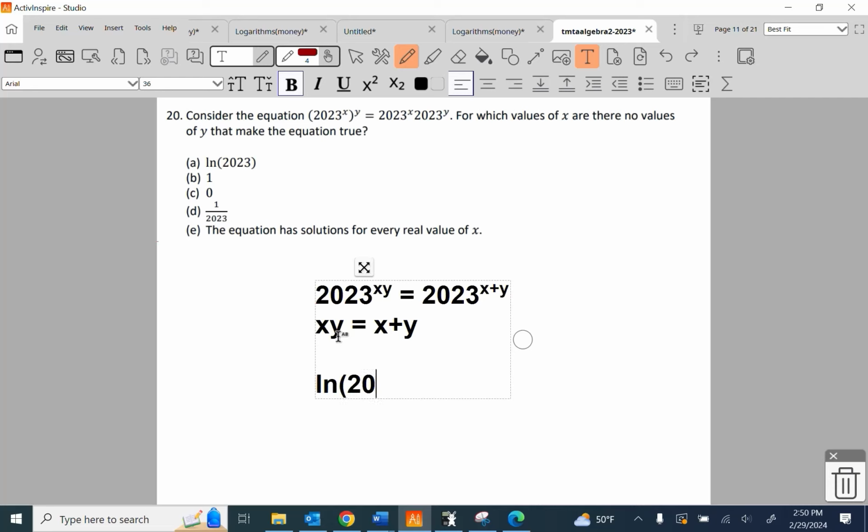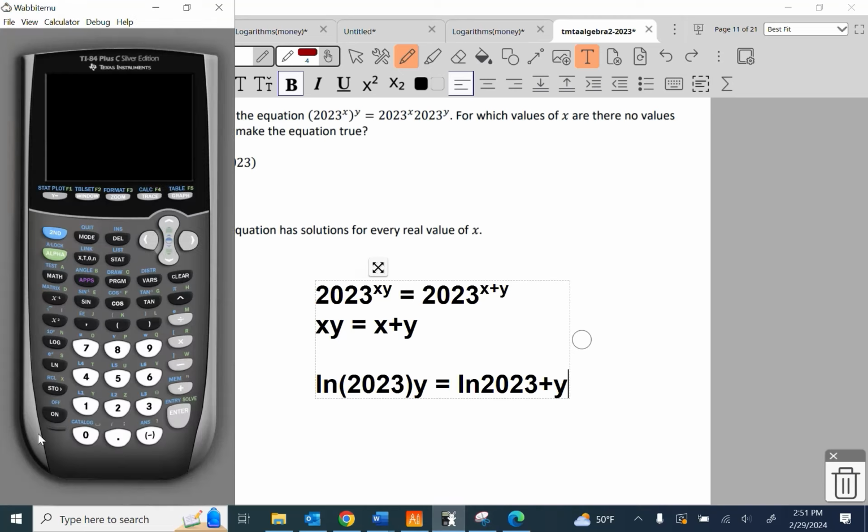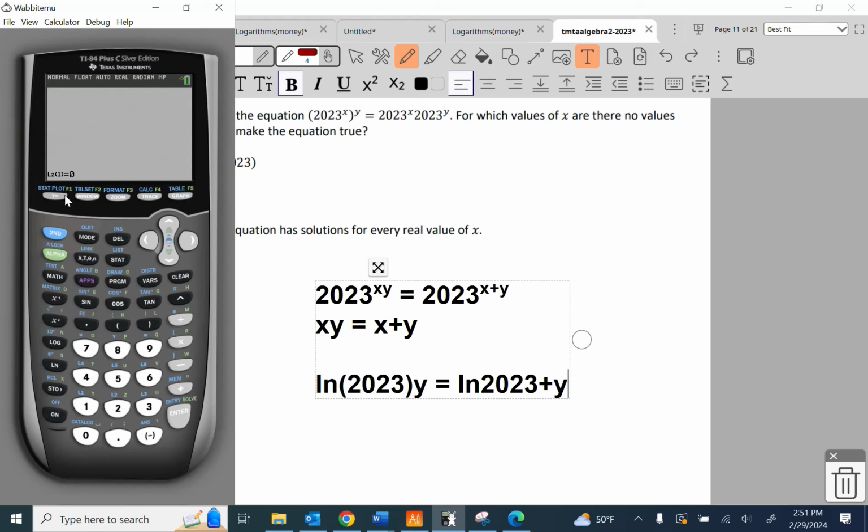If the natural log of 2023 y is equal to the ln of 2023 plus y, I'm sure that's solvable. Should be. I'll have to use the X key.